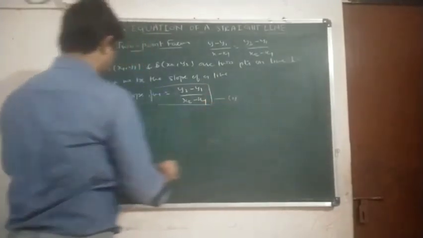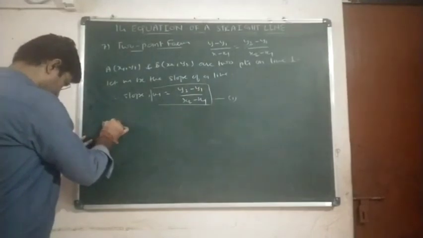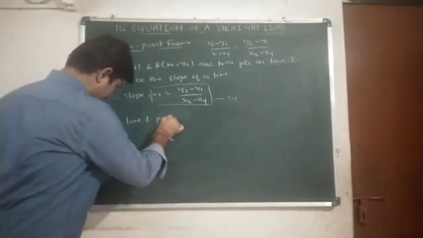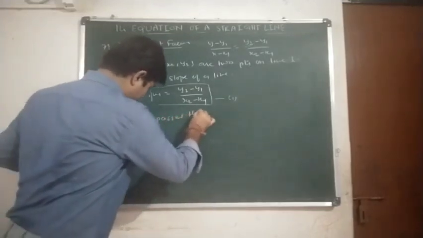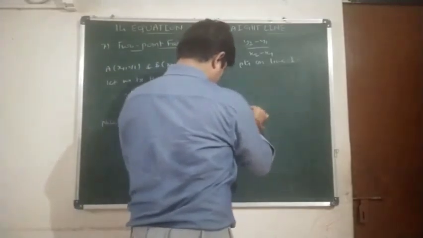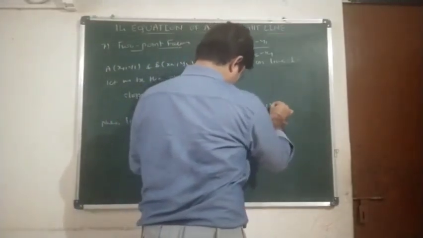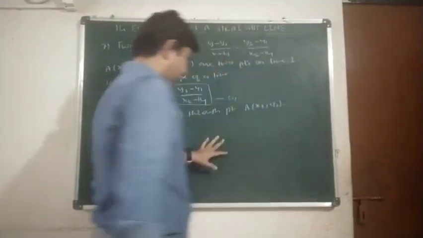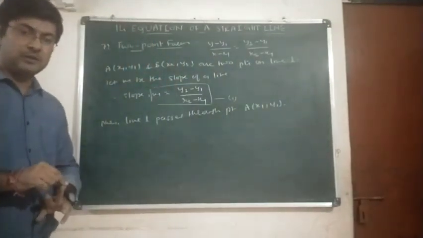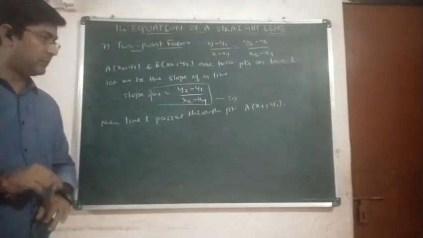Now line L passes through point A(x1, y1). So here we will use the previously derived point slope formula.